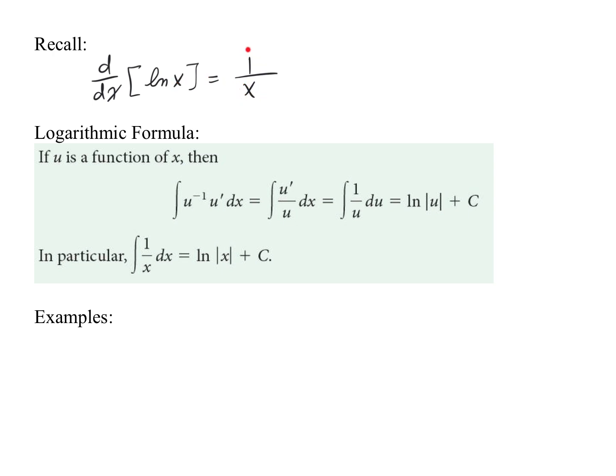Well, if you want to go the other direction, the antiderivative of 1 over x is allowed to be a negative number, so how could we write this function where we do allow x to be negative numbers? Well, what we would have to do is we would have to insert an absolute value around the x, like this. Pretty much only if you are trying to do this antiderivative process.